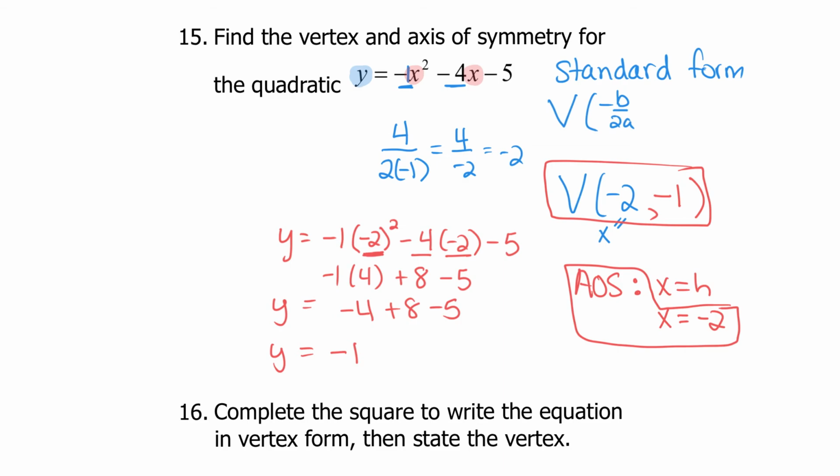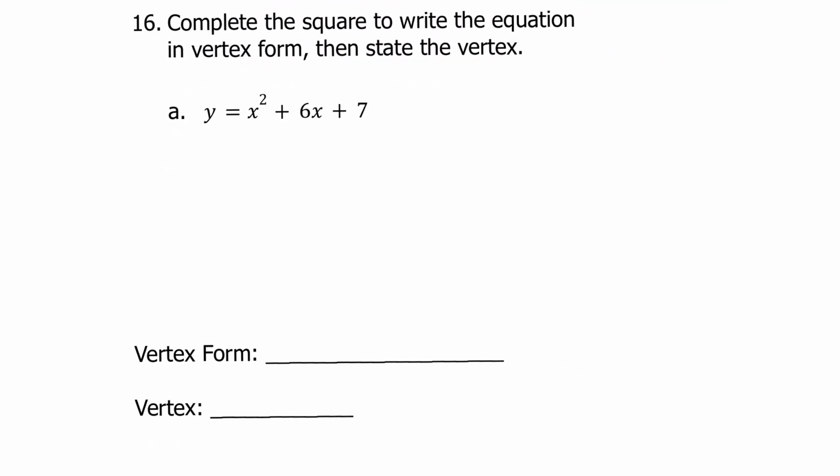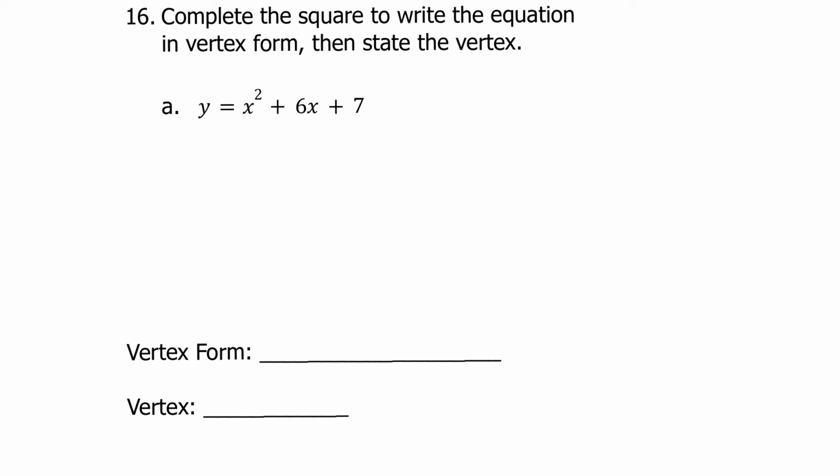All right, let's move on to number 16. So number 16, it says complete the square to write the equation in vertex form. All right, so if I'm going to complete the square, I want to first move your c over. So we're going to subtract 7. So we've got y minus 7, and then remember to leave a space, equals x squared plus 6x, leave a space.